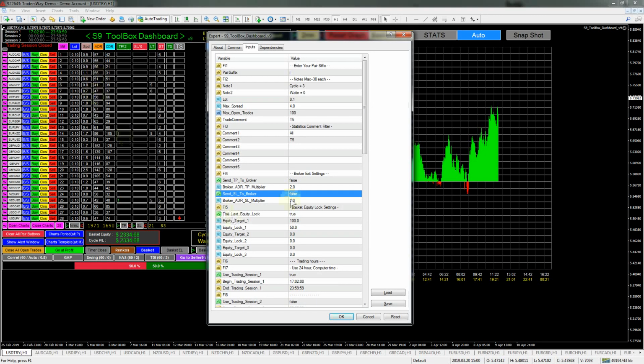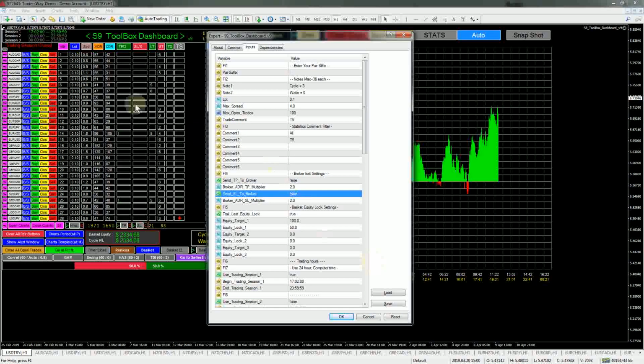So right now it's set at 2, so for the Aussie Canadian dollar, it will send a stop loss of 114 pips back to the broker. So if you set this to true, this would be placed at the broker's server. So if you lose your network connection and something goes crazy against you, where you can't get out of the trade from a signal back here, this could save you. So remember that. This goes directly back to the broker.